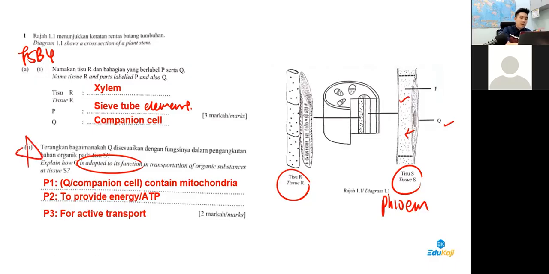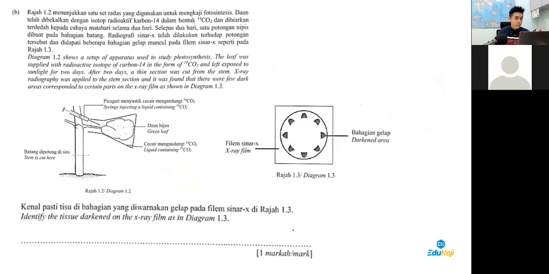You can take note, draw 1 star. Or if you want to be more general, you say Q supplies requirements needed by P, an example would be energy.